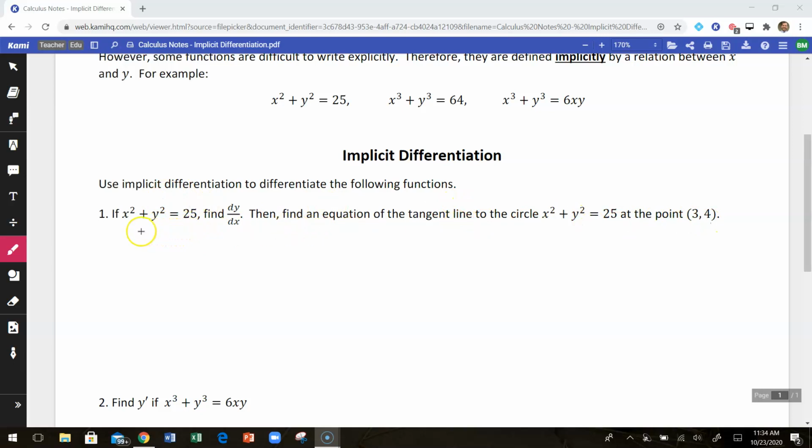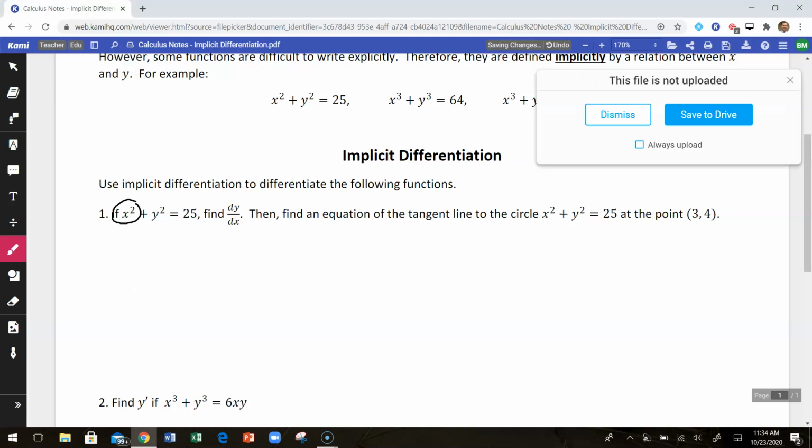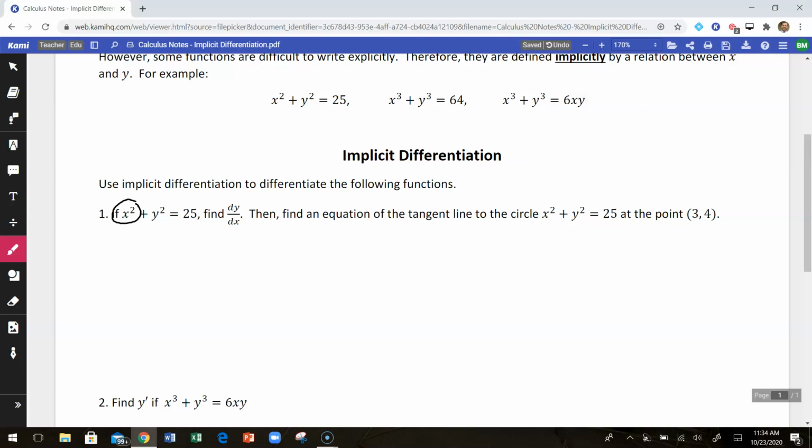To find the derivative, we take each individual term and do the derivative of that term. The derivative of x squared is 2x. When you do the derivative of a y term, with respect to x, the first thing you do is take the derivative as if it were just x.